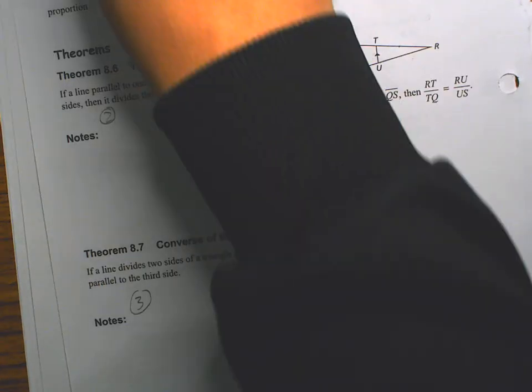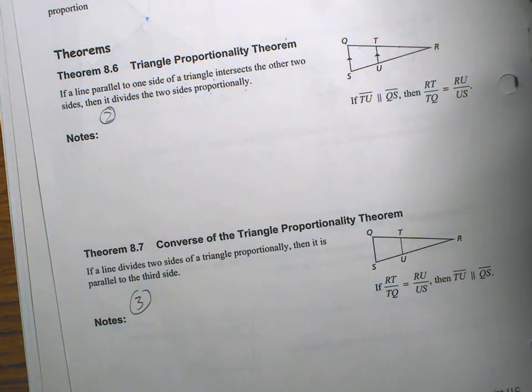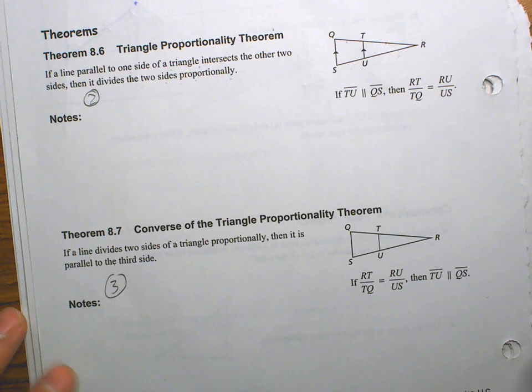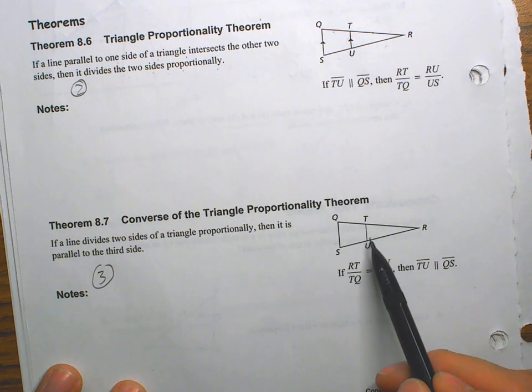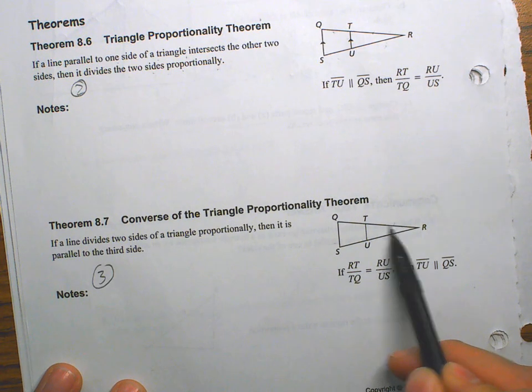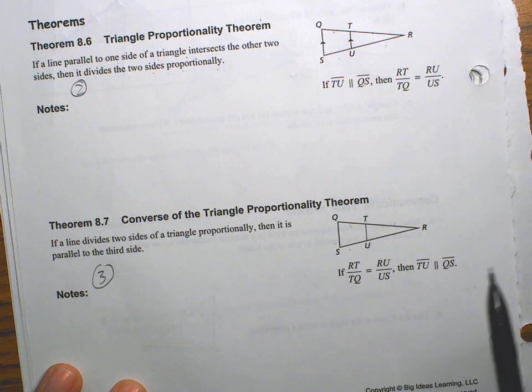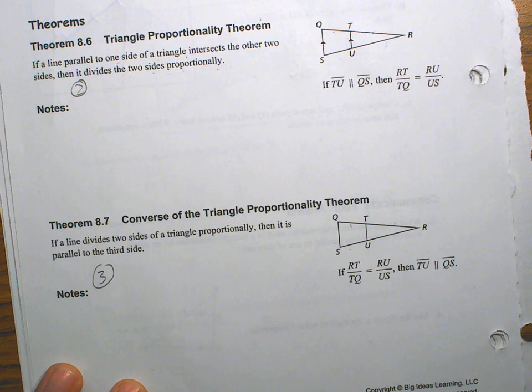If the sides happen to be proportional, then the lines are going to be parallel. We can do a whole proof about all that, unless you want to. So if RT is proportional to TQ and RU is proportional to US, then TU is going to be parallel to QS. That's where 3 goes.